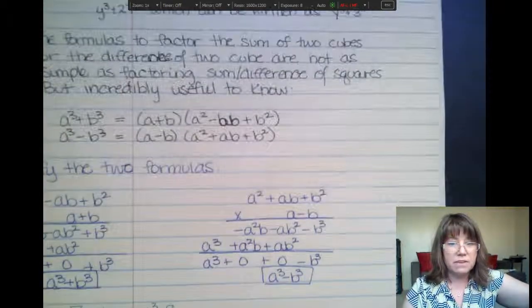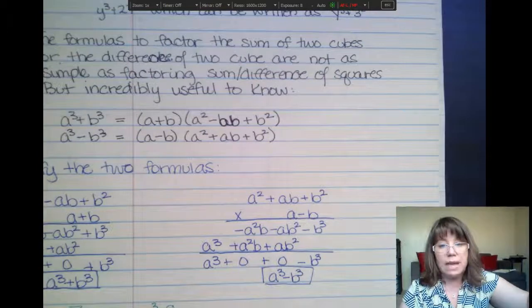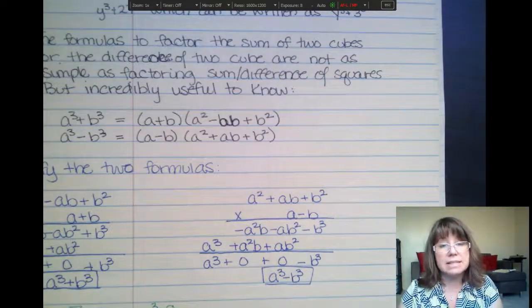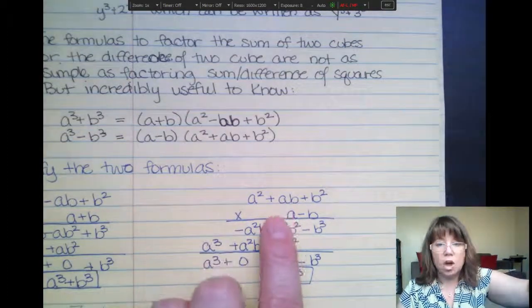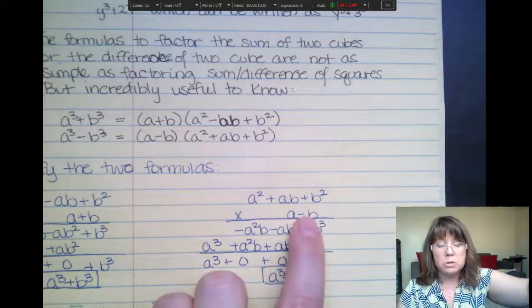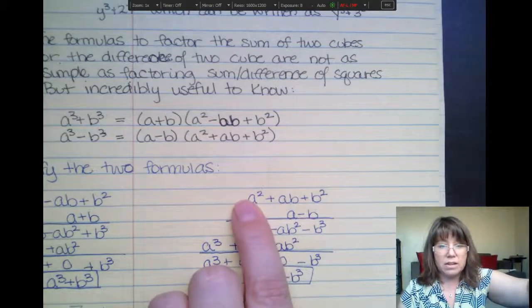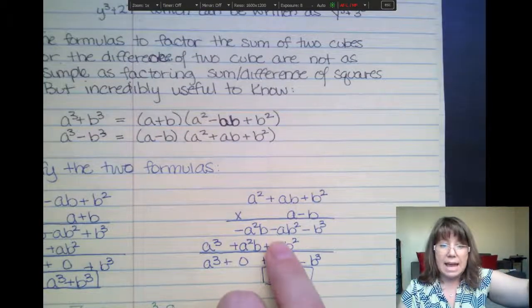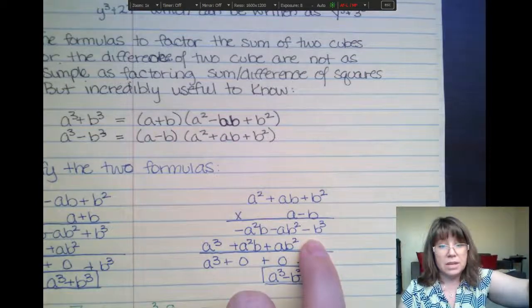Now let's verify that a cubed minus b cubed breaks down into a minus b and a squared plus ab plus b squared. Again, I'm going to use column multiplication. I'm going to multiply negative b to b squared, negative b to ab, and negative b to a squared, giving me negative a squared b minus ab squared minus b cubed.